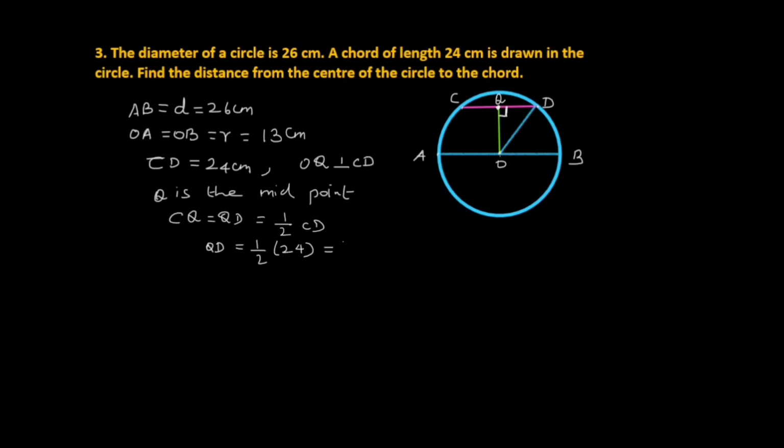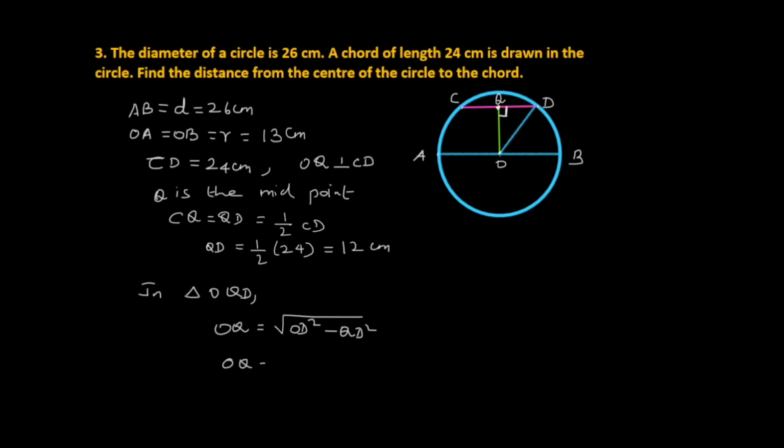So QD is 12 centimeter. In triangle OQD, right angle triangle, we have to find the distance from the center of the circle, because we know the radius, and we know the length of one part of the chord. OQ is equal to square root of OD squared minus QD squared.